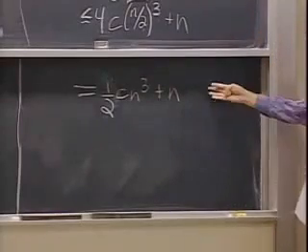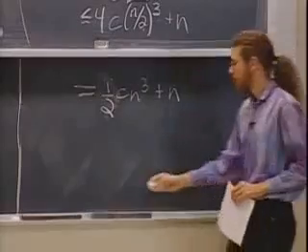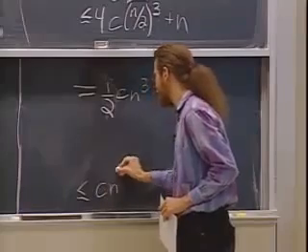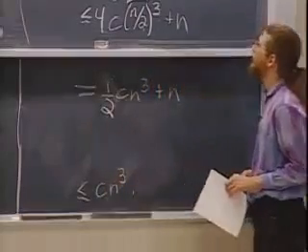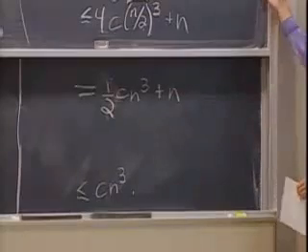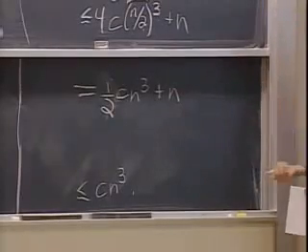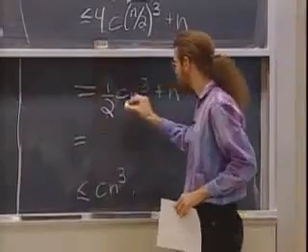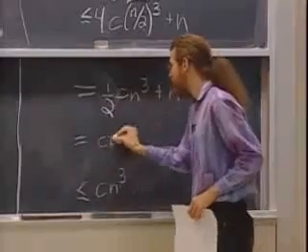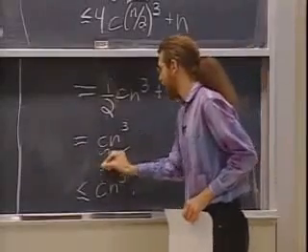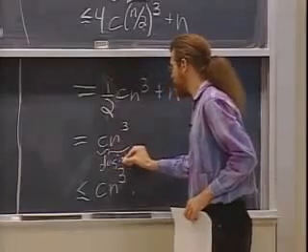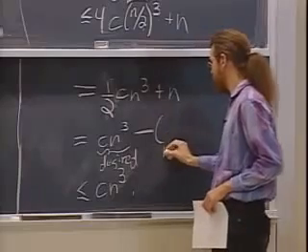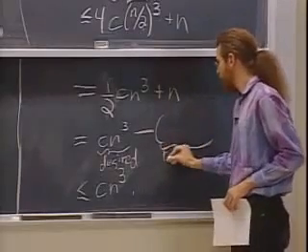And what I'd like this to be, so at the bottom where I'd like to go, is that this is at most c times n cubed. That's what I'd like to prove to reestablish the induction hypothesis for n. So what I'll do in order to see when that's the case is just write this as what I want. So this is sort of the desired value, c times n cubed, minus whatever I don't want. So this is called the residual.